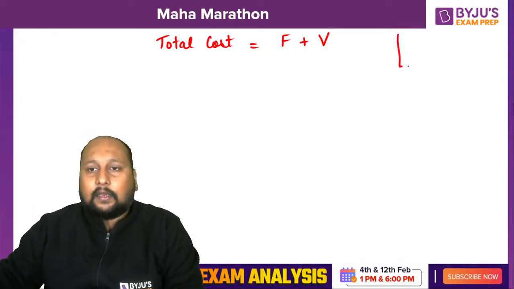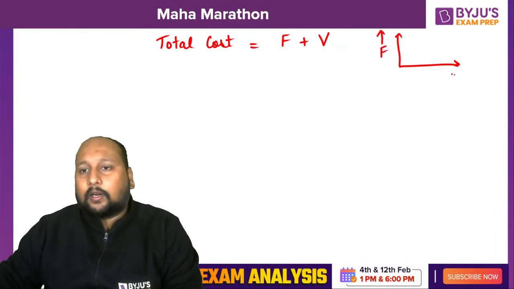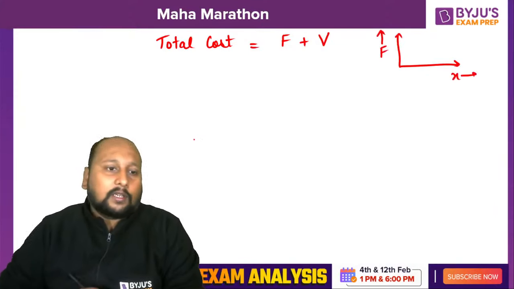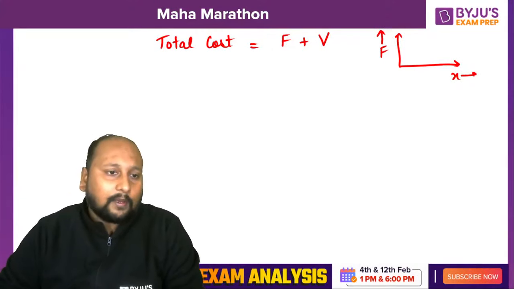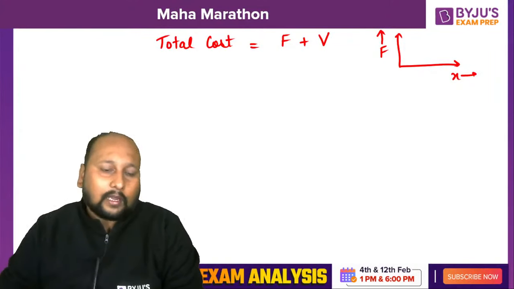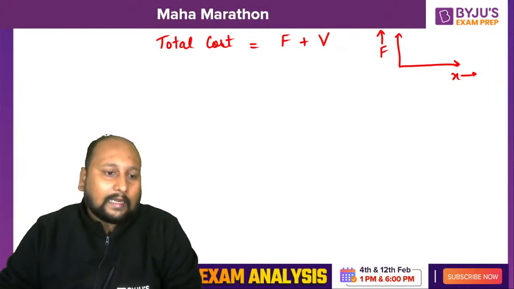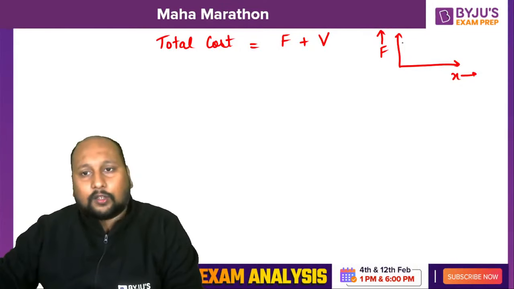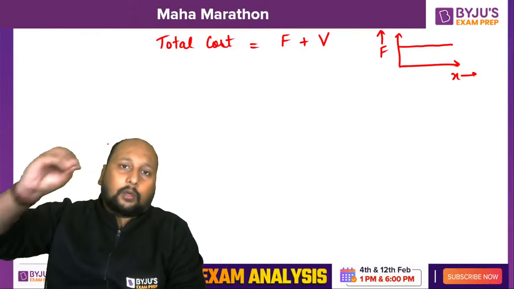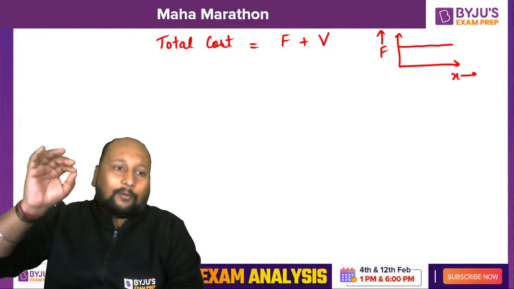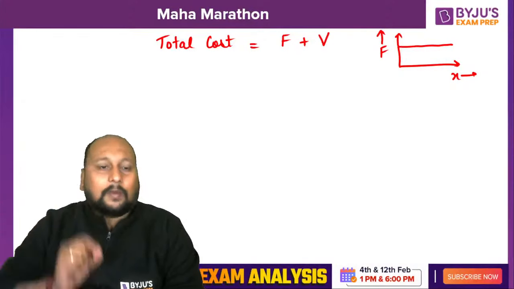If I plot the fixed cost versus the volume of production, what will that graph look like? A horizontal line or a vertical line? It will simply be a horizontal line, because whatever volume of production you are doing, it is independent. You have to pay that minimum amount. That is basically the fixed cost.